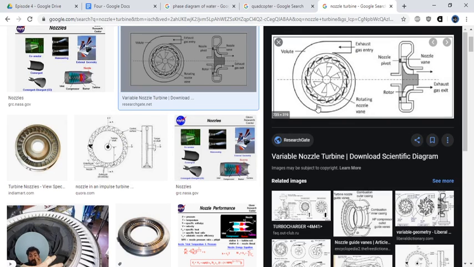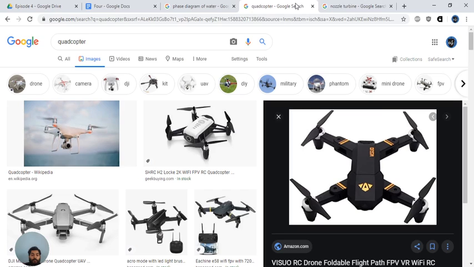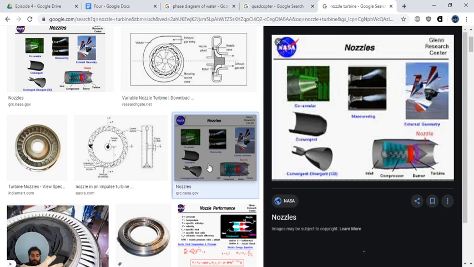So the gas enters and goes through this nozzle and then just goes down, pressure drops, and that's what creates the motion, and that's what creates the thrust.